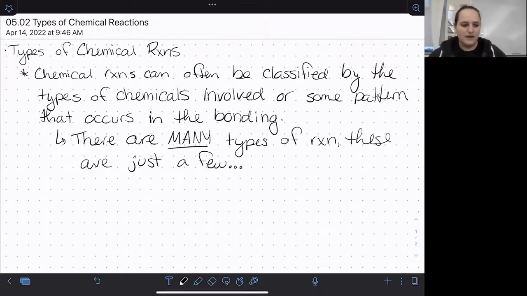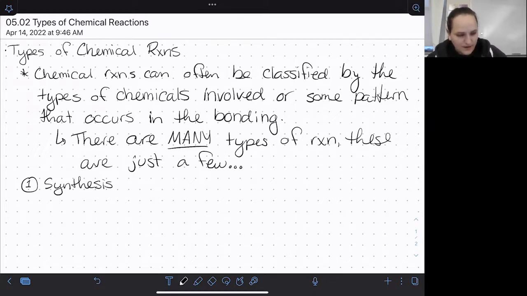Not every reaction you see is going to fit into one of these categories, and that's okay, but these are just some of the more common categories. The first one that we're going to talk about, we're going to look at 5 types of reactions, is referred to as a synthesis.